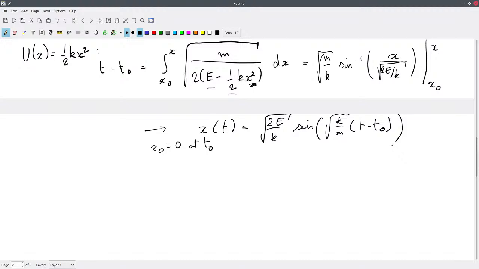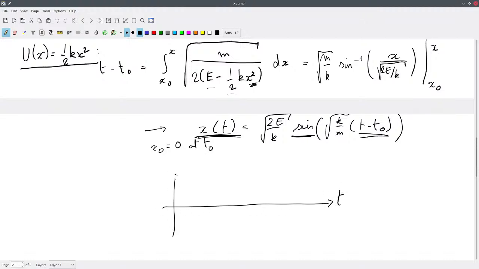And what does this tell us? This tells us that for a potential energy that is quadratic, that is 1/2 kx squared, the position will vary with time as a sine of the time since the original time. And as a function of time, x of t will look like this. So we'll end up with our sine curve around the minimum at x equals 0.